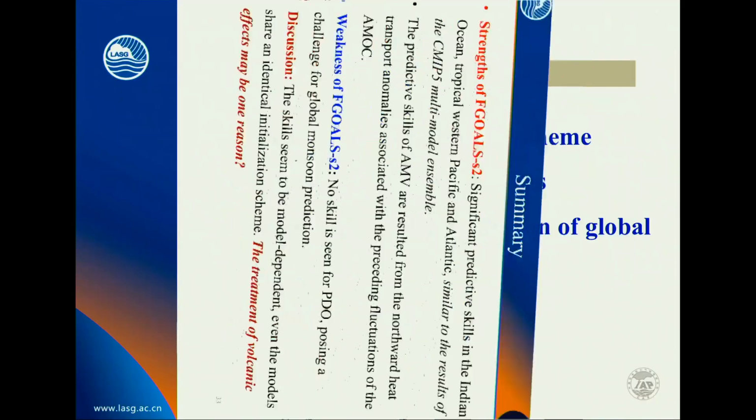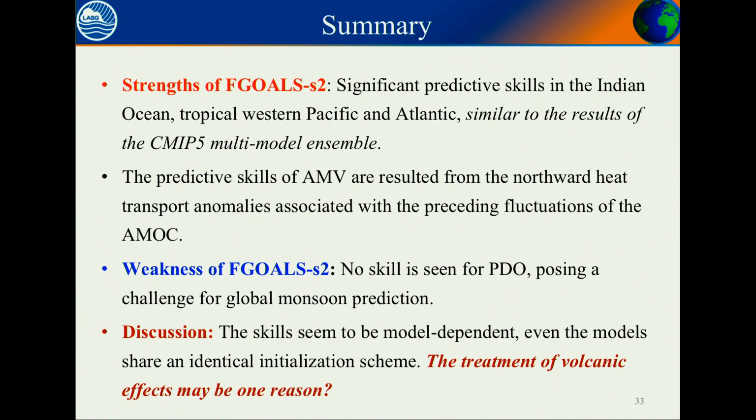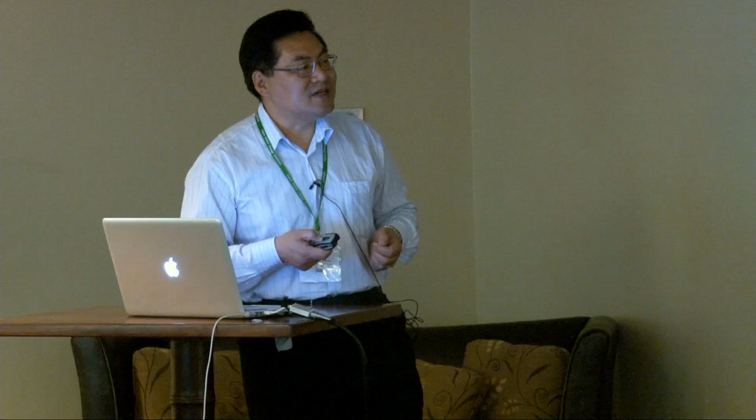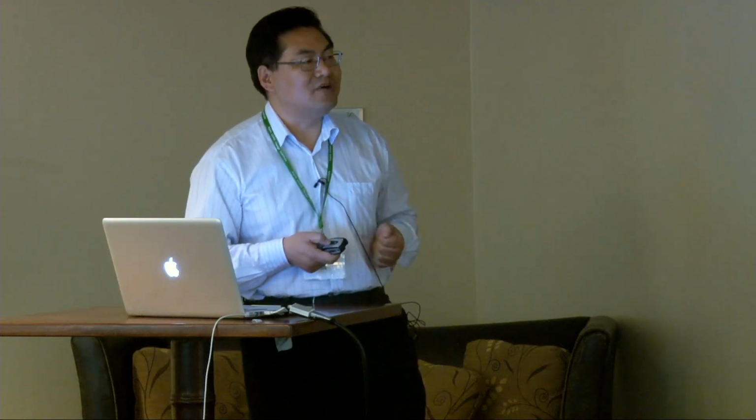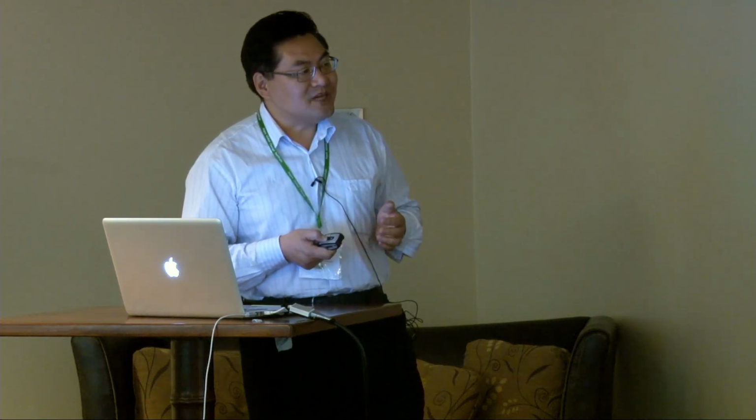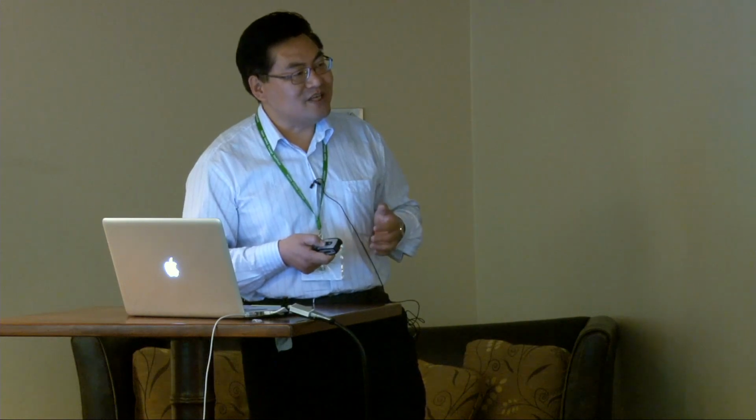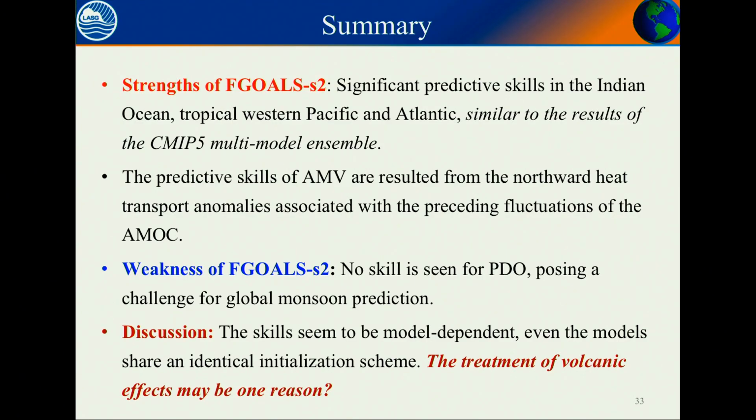To make a summary, we have the following points. For the strength of the FGOALS-s2 decadal hindcast, there are significant prediction skills in the Indian Ocean, tropical Western Pacific, and the Atlantic. The skills are nearly similar to the result of the CMIP5 multi-model ensemble. In the model world of FGOALS, the predictive skills of the Atlantic multi-decadal variability result from the northward heat transport anomalies associated with the preceding fluctuations of the Atlantic meridional overturning circulation.